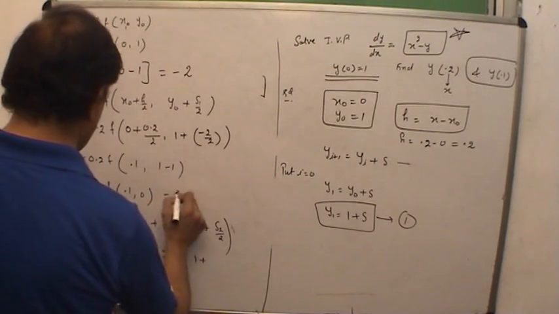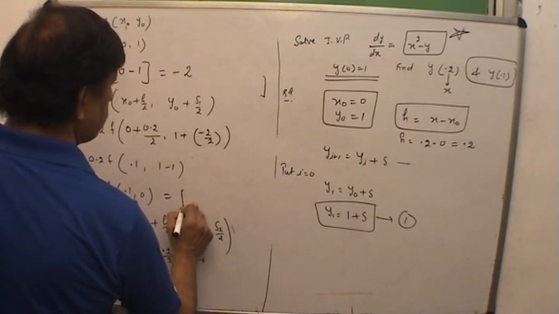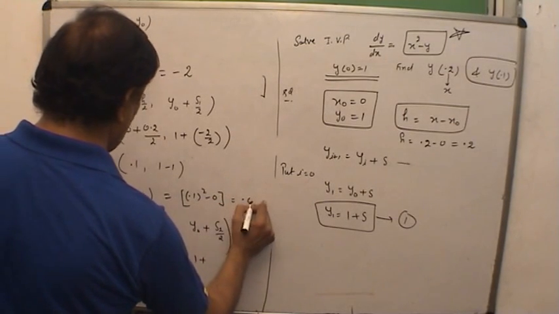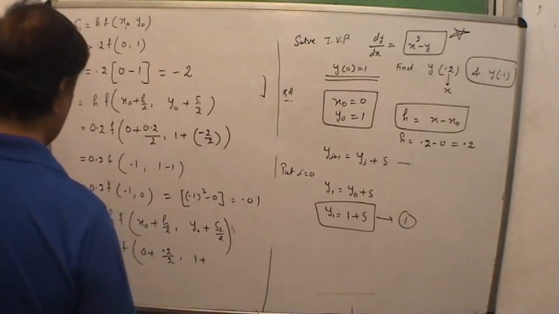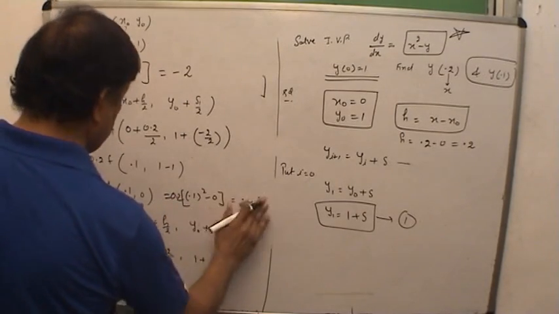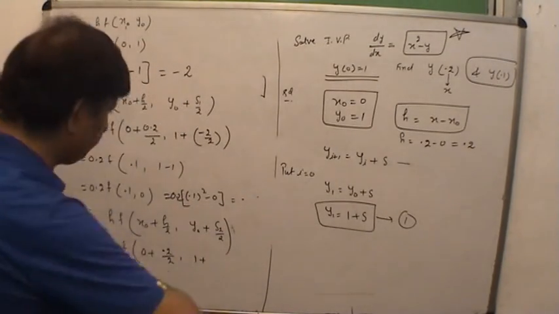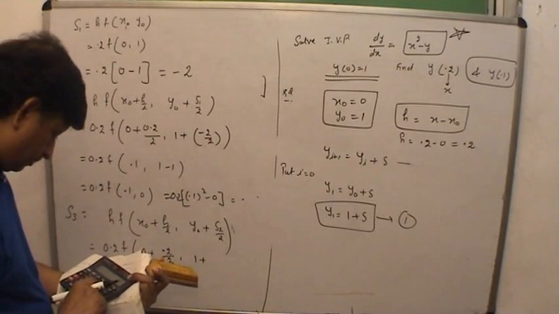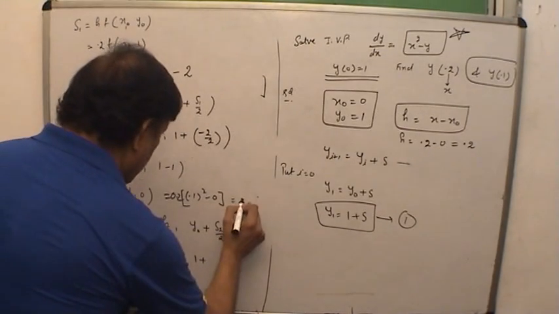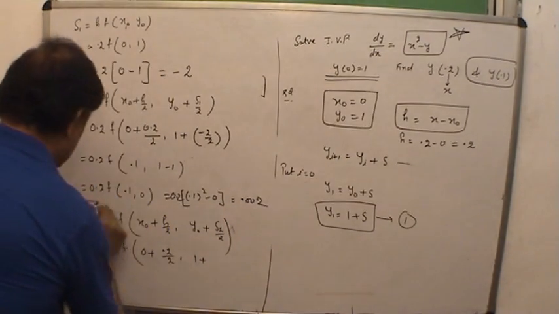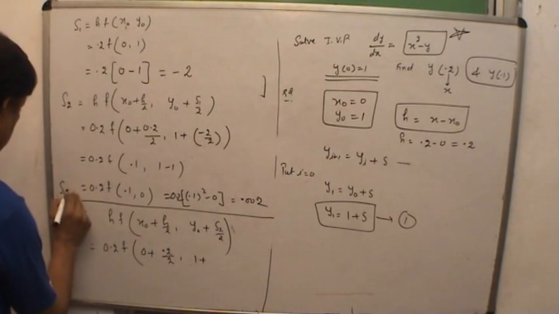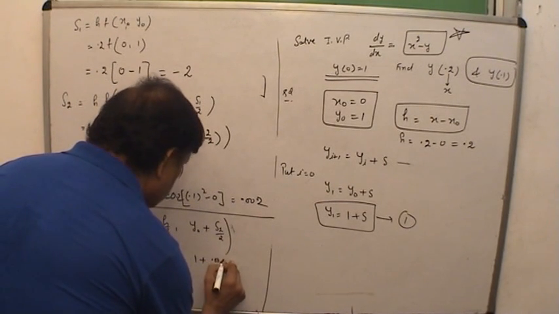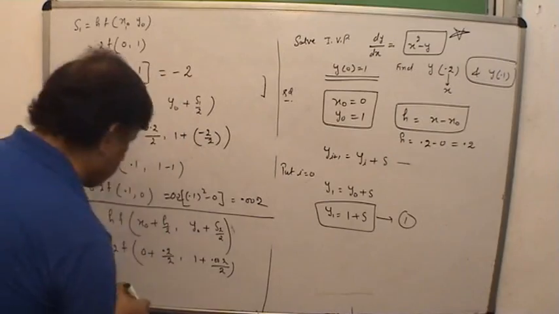Here S2 is 0.1 squared minus 0, that is 0.01 into 0.2, and that comes to be 0.002. It is the value for S2. Now for S3, it is 1 plus 0.002 divided by 2.